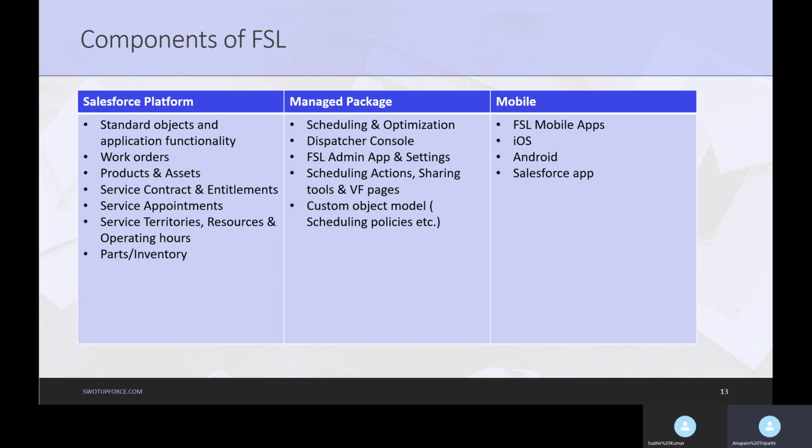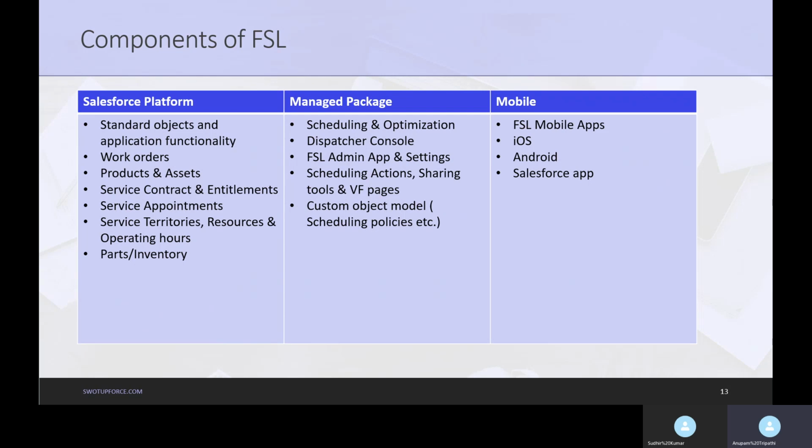Once we go through advanced Field Service Lightning, you will come to know that there are some specific policies, scheduling policies, or you can say rules, which are a combination of service objectives and work rules. It lets you define rules and schedule the work orders in an optimal way to your technicians.